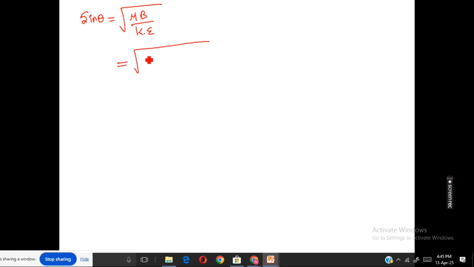The value of mu is given as 8 into 10 raised to minus 19, into B is 0.5, divided by 2.5 into 1.6 into 10 raised to minus 19.